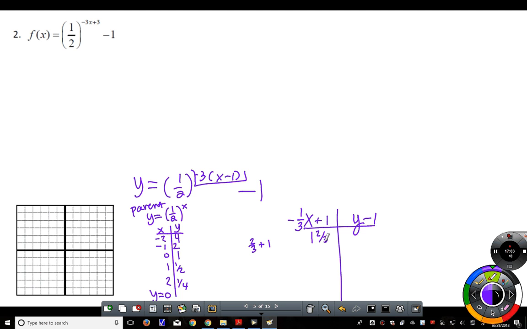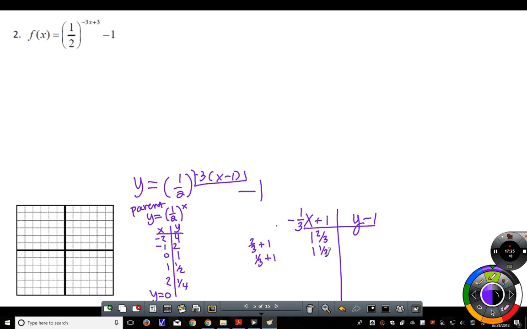But you don't want to do that if it was like 4/3, because 4/3 is like more than 1. You don't want like 1 and a fraction that's more than 1. That's probably going to mess you up when you go to graph it. Okay? So when I do -1, -1 times 1/3 is 1/3. +1. Again, they're both positive, so I can just think of that as 1 1/3.